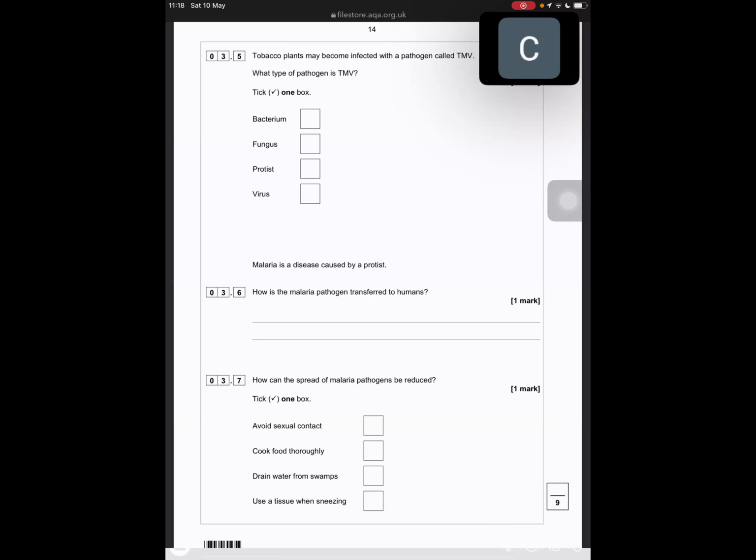Through that bite, that mosquito now gets infected and can bite another person that doesn't have malaria, and that person will now get infected too. So that's why draining water would help to curb the spread of malaria pathogens, because they will not have anywhere to breed. Mosquitoes usually like breeding in open spaces where water is, like containers and swamps.